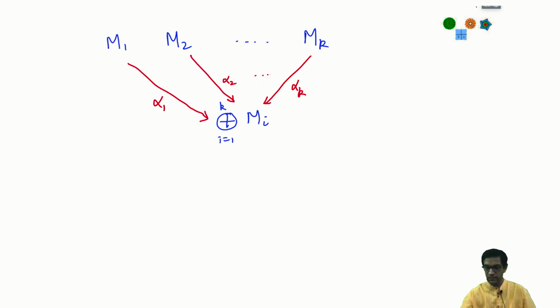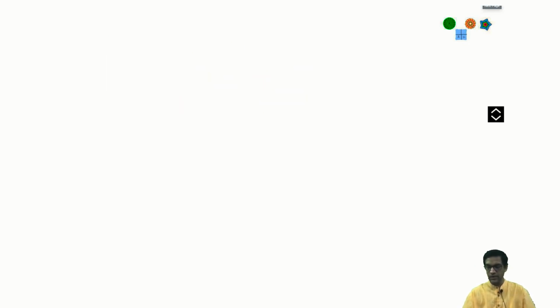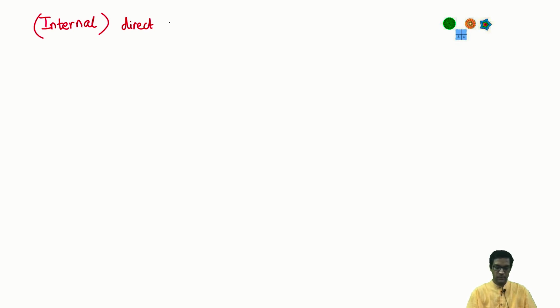Now let's talk about another sense in which the word direct sum appears, and just to distinguish it from the earlier one, we sometimes call this the internal direct sum. Okay, so this notion is usually called internal direct sum.